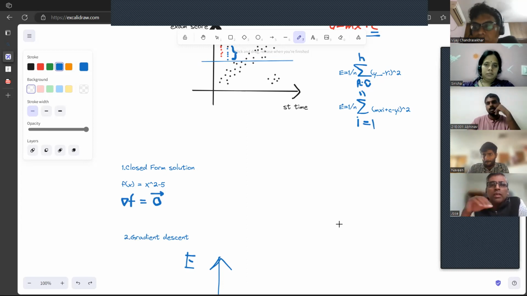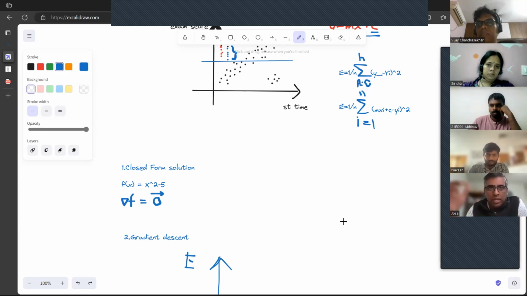Is there a way within this algorithm, if we know that certain data points have to be given higher importance, that we could work within the linear regression model to define that? For the outliers, we can give less importance. Yeah, exactly.